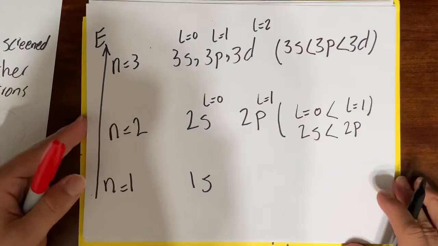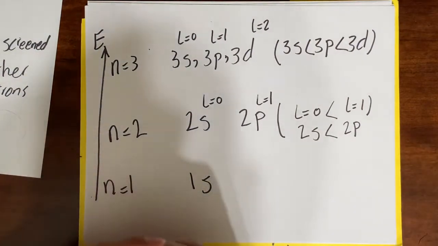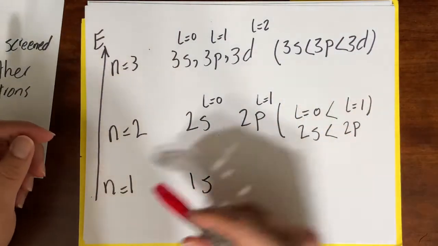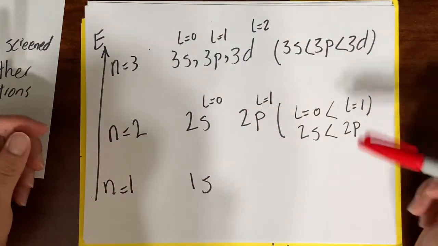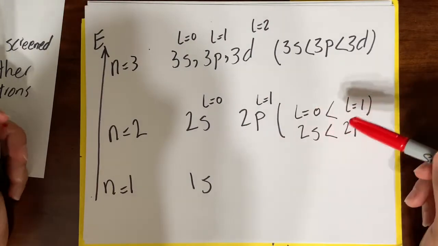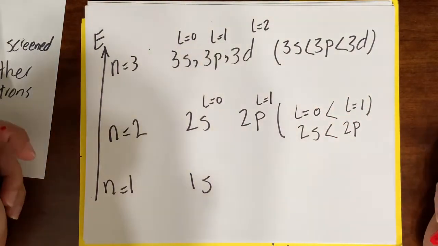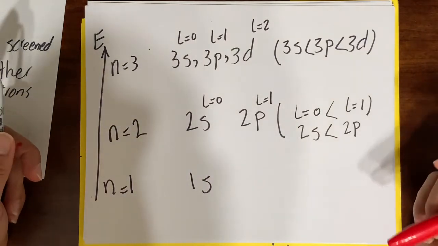Again, if you want to compare two orbitals that belong to the same level of energy, they are sharing n, you have to look at L. The one that has the smallest L is going to be the most stable orbital.